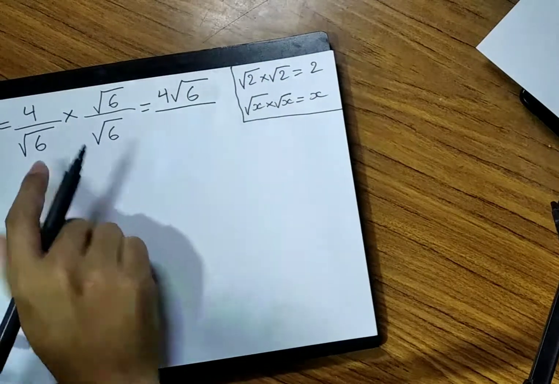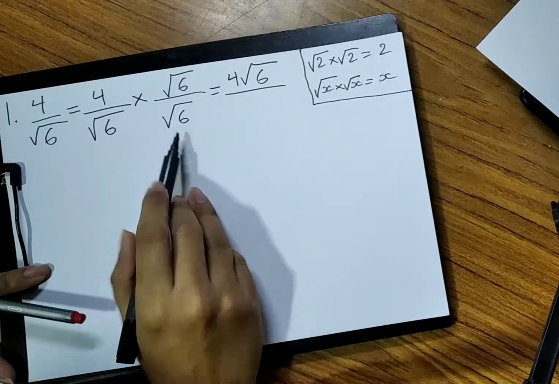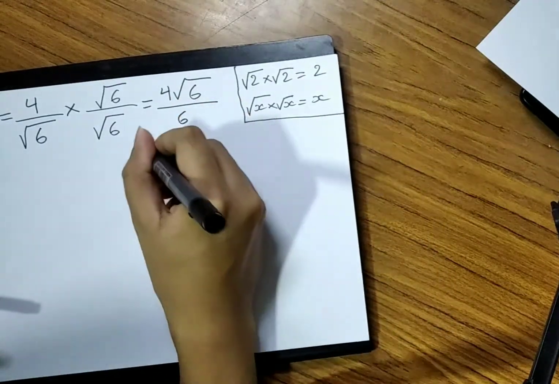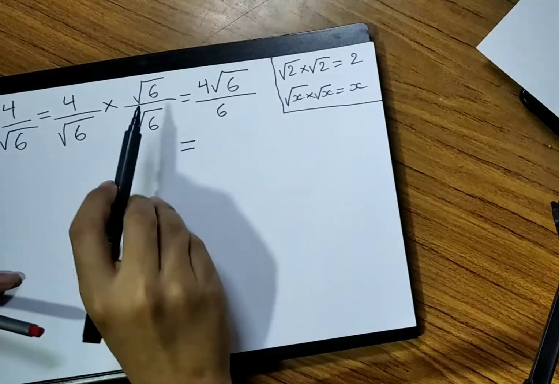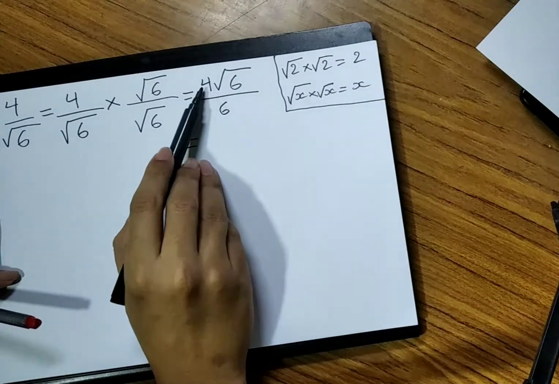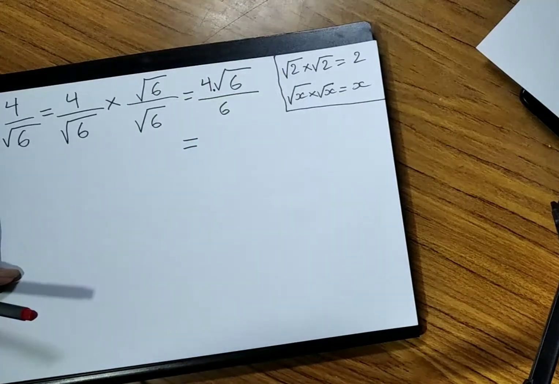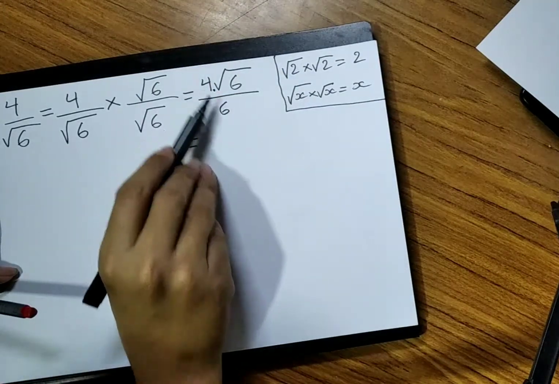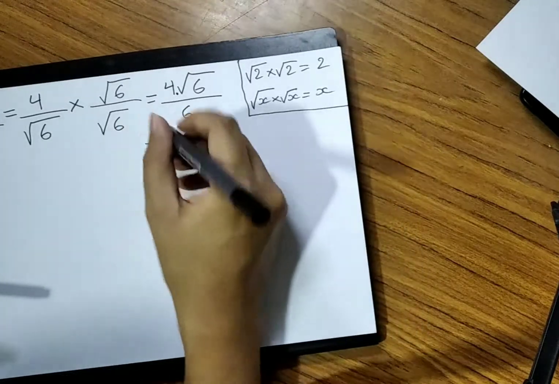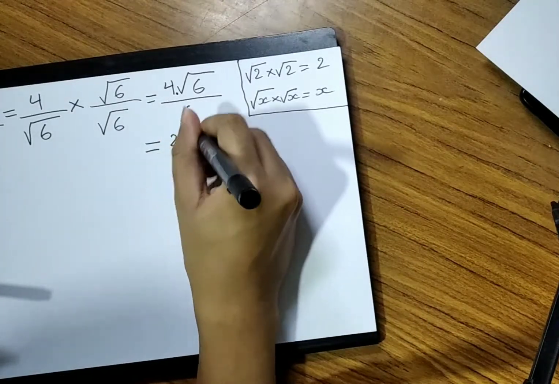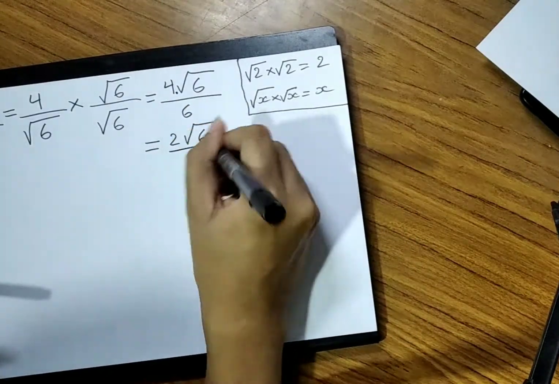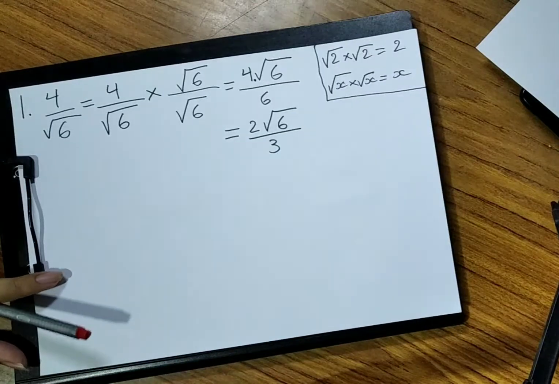And over here, root 6 times root 6 will be equal to 6. But it is not done yet, because 4 and 6 can be simplified, giving 2 root 6 by 3. That's how you do it.